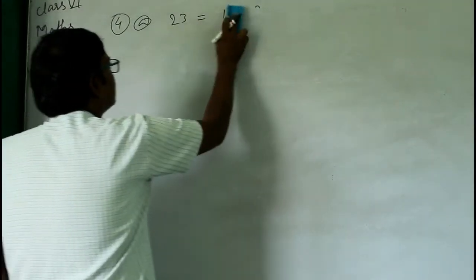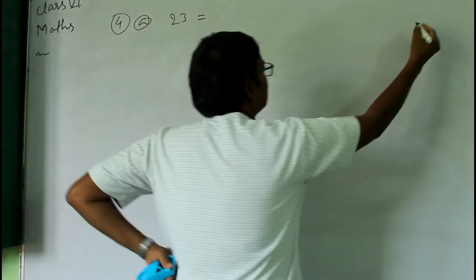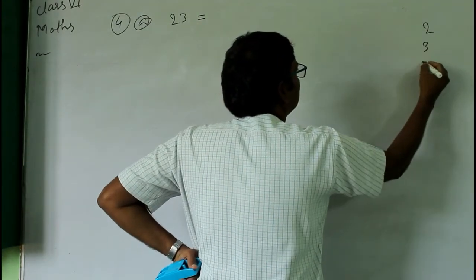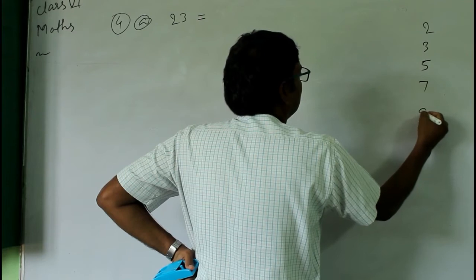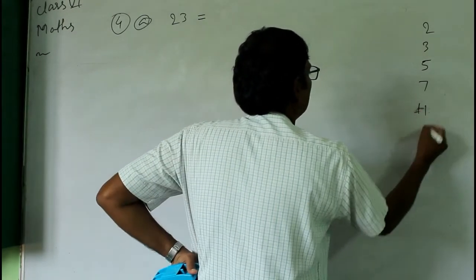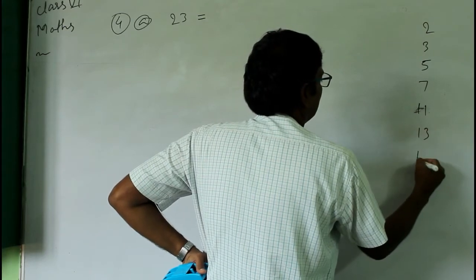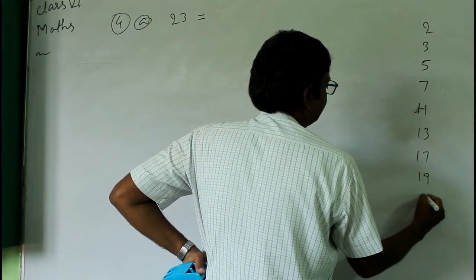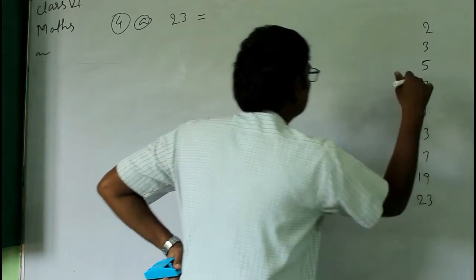So first write the prime numbers, then it will be clear: 2, 3, 5, 7, then 11, 13, 17, 19, 23, etc. These are the prime numbers.